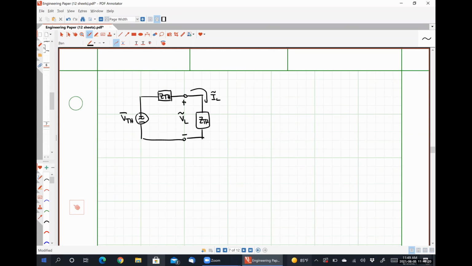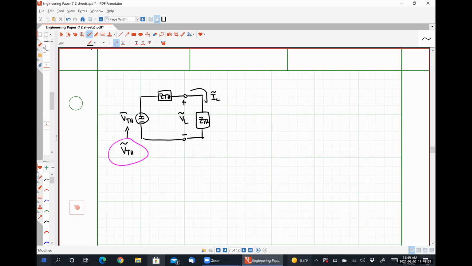So the error that I see most students make right here is using VTH instead of the RMS version of VTH. This is the one that needs to be used.